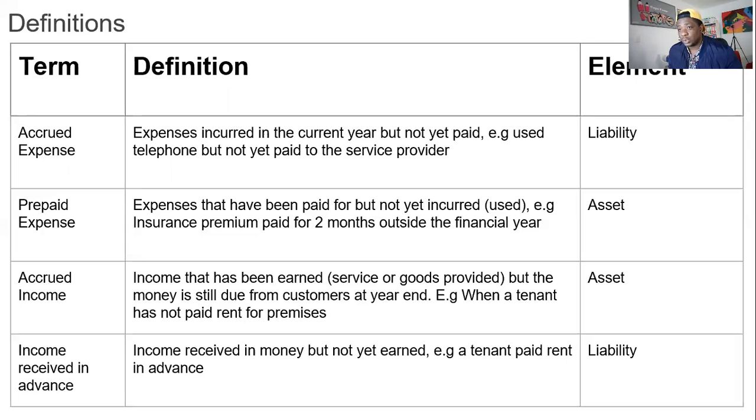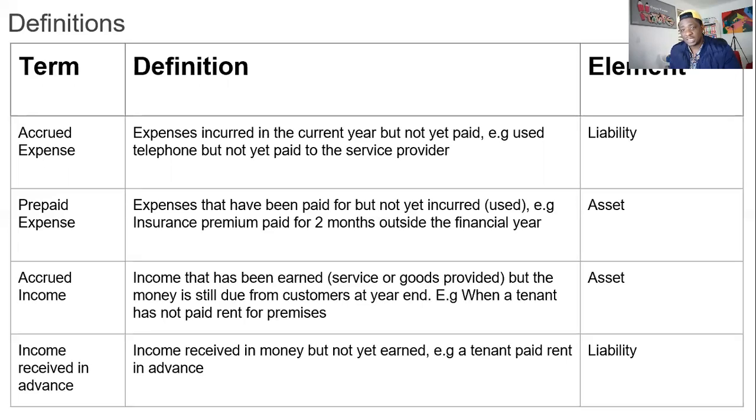And then the following one is accrued income. This is income that has been earned, which means services or goods have been provided. Say, for instance, someone is renting and you give them your rental for 2 months, but they still haven't paid you. Well, you still have provided the service, so you have actually earned the income, but you haven't received the money for it.